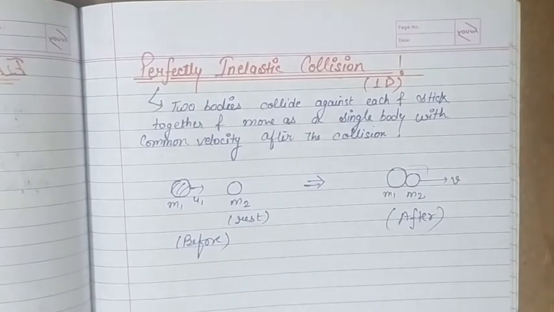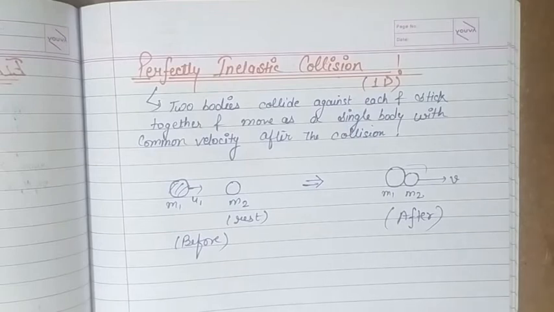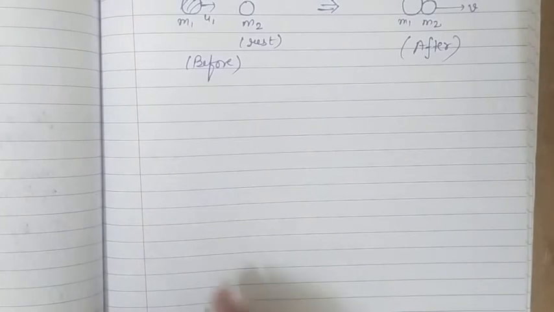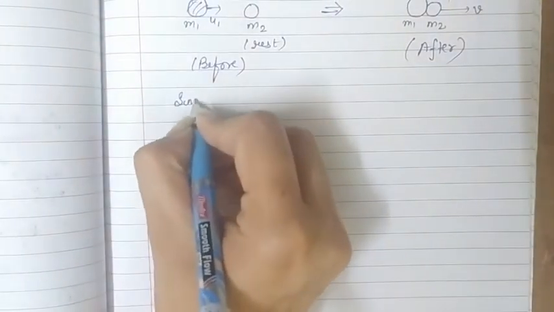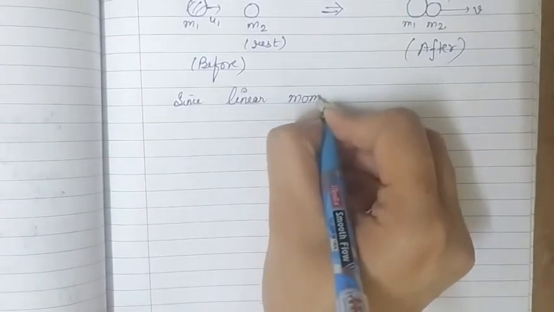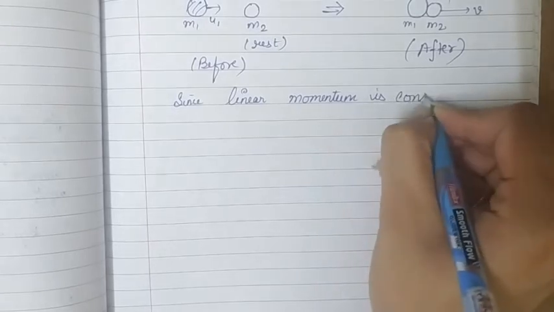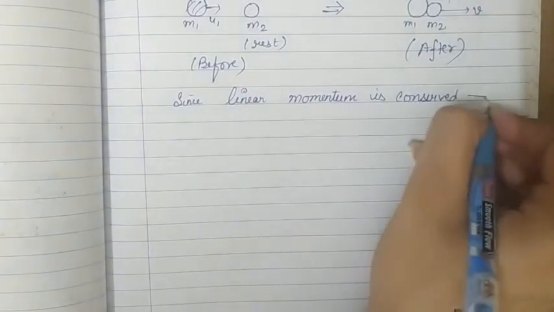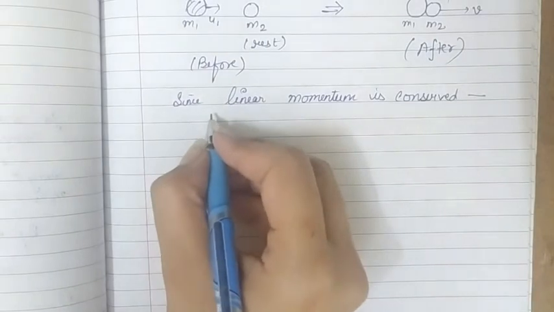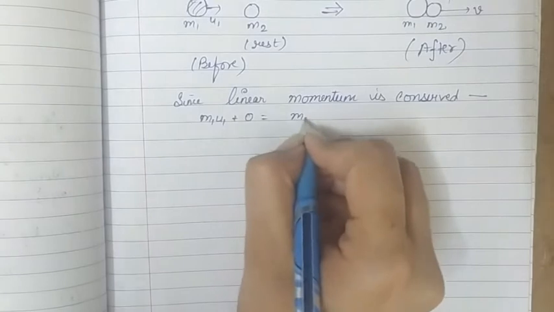So now we know that if there is a collision, either elastic or inelastic, momentum remains conserved in both cases. So first we are applying the law of conservation of momentum. So since linear momentum is conserved, we get linear momentum before collision, that means m1 u1 plus 0 is equal to linear momentum after collision.